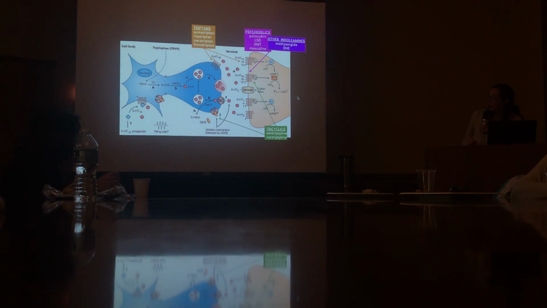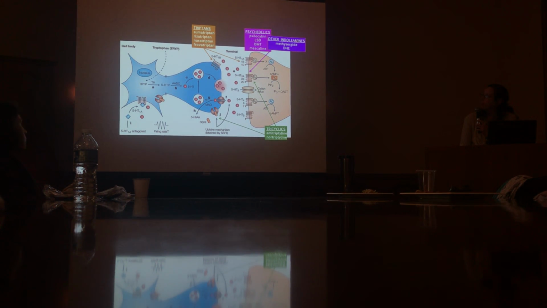Some more neuropharmacology. This is a very oversimplified serotonin neurotransmission. This is not what it looks like in real life, but it's just oversimplified to show that the triptans that are used to treat cluster and also migraine are acting on serotonin 1B and 1D. The tricyclics that are also used to treat migraine and are used sometimes in cluster but not very effective, they also bind serotonin 2A, and they're also SSRIs.